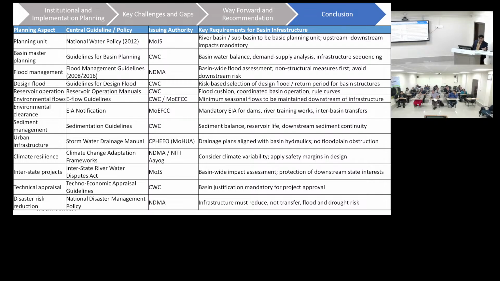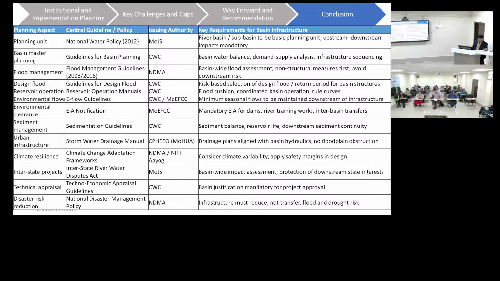Even these transboundary area disputes, with other countries, other states, the Ministry of Jal Shakti is the agency responsible for this. Then technical appraisal: you all are aware, whatever techno-economic appraisal guidelines, you should get the clearance from the Central Water Commission for any project we are planning to do.